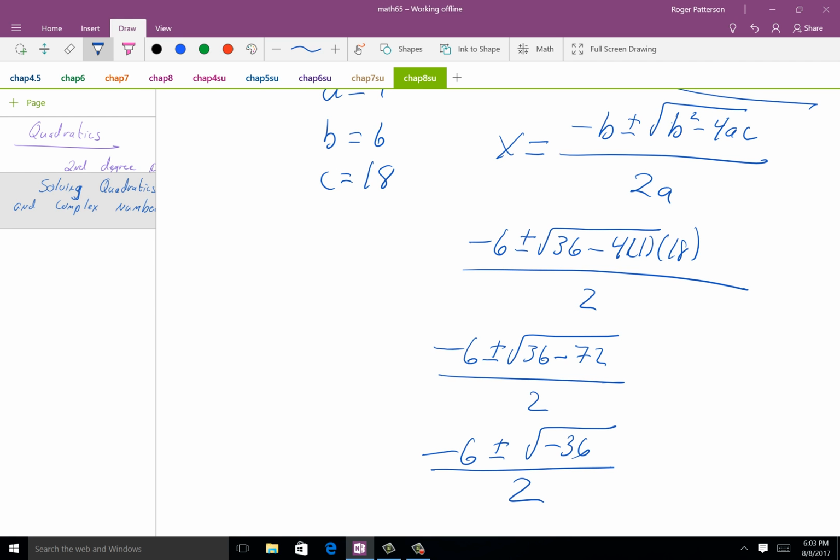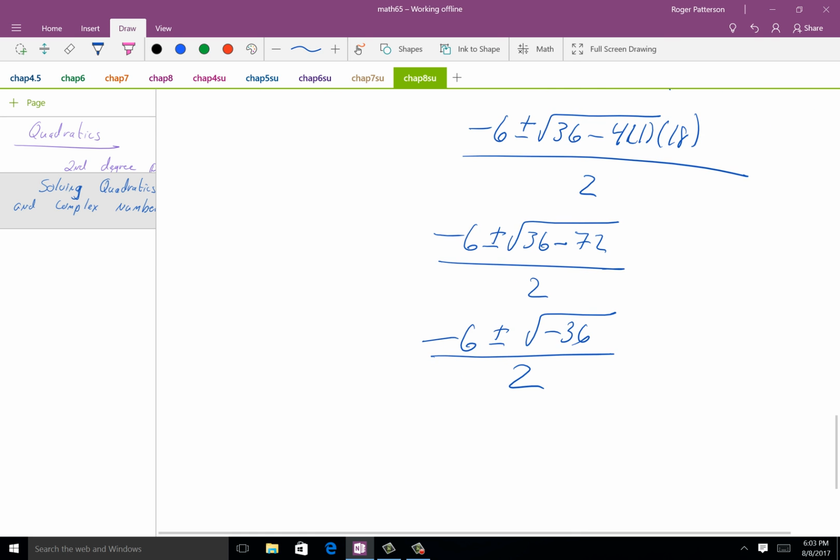Okay, so ordinarily if we had this, in your assignments you probably said no real solution, which would have been a correct answer because it doesn't have a real solution. But now that we know about imaginaries, we can solve this. So we know that we have a negative, i's got to come out.